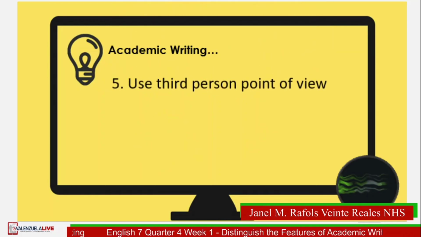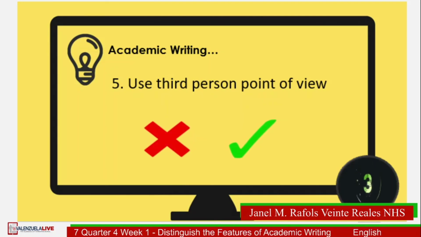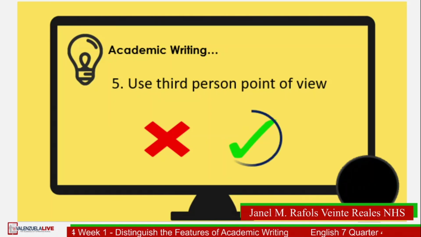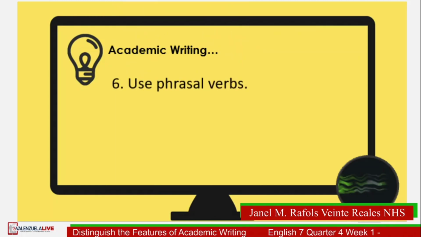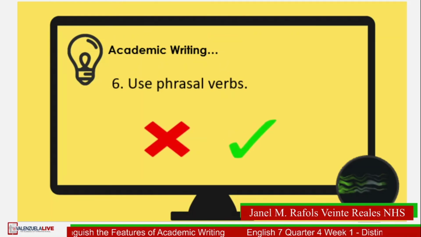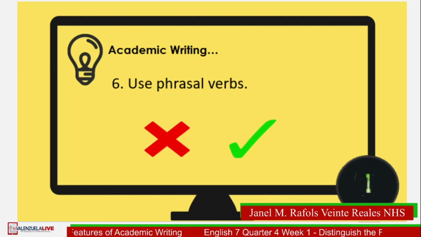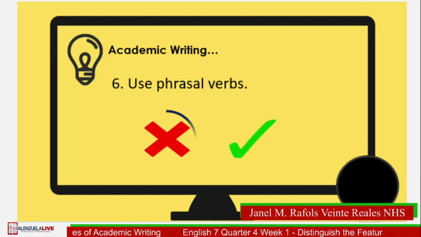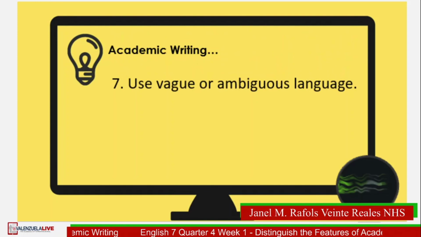Number 5, use third person point of view. And this is check. Number 6, use phrasal verbs. This is cross. Number 7, use vague or ambiguous language.